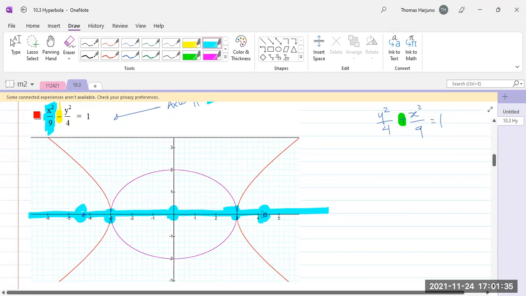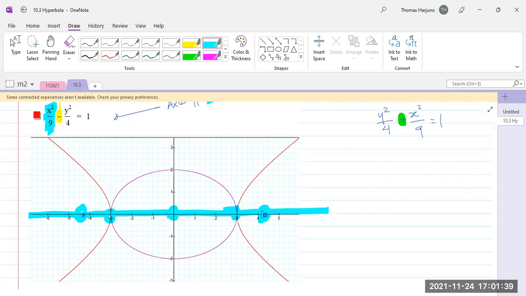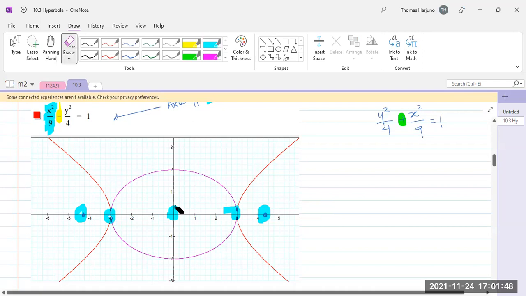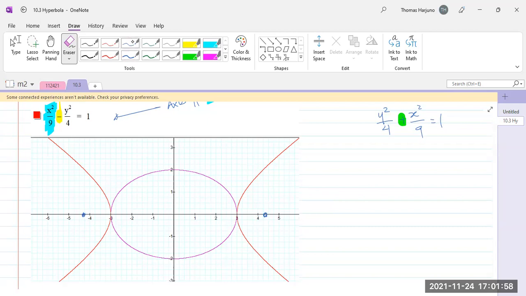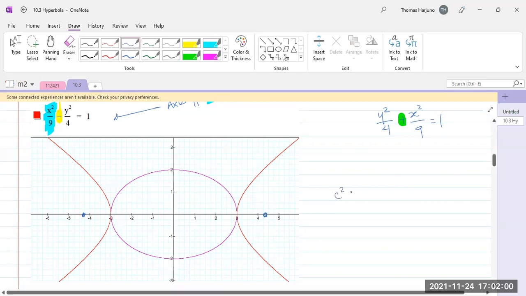The plural form of focus is foci. Now, how far the foci are from the center is defined as c squared equals a squared plus b squared.